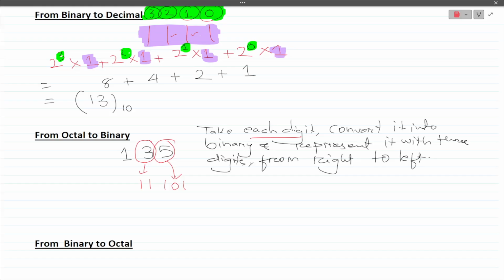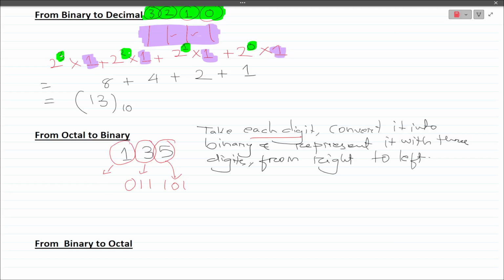How to represent a number with 3 digits? Just add a 0 on the left side of it. If you add a 0, it has no value, right? That's why I have added 0 to my left-hand side. Now it's my 1. If I convert 1 to binary, it will be 1.